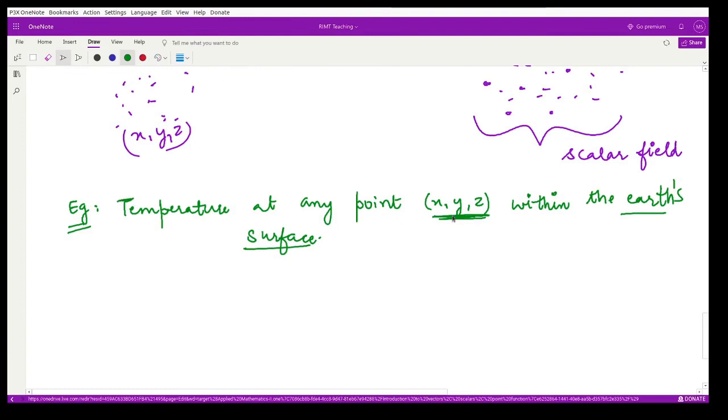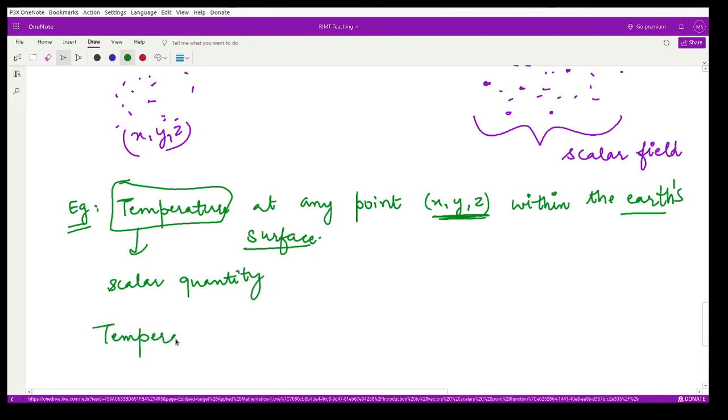Function provides you, corresponding to each position here, each point on the Earth's surface, a definite value known as temperature. Now you know what is temperature. It is a scalar quantity. So therefore, this temperature field is your scalar field. So this is the scalar field.